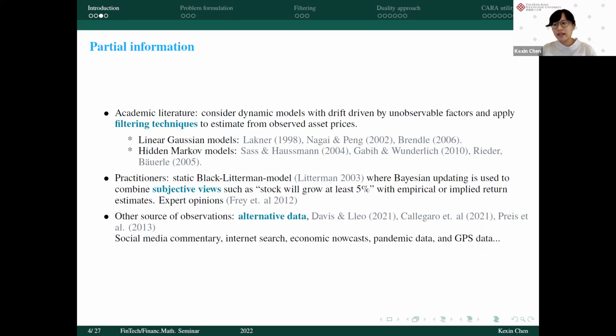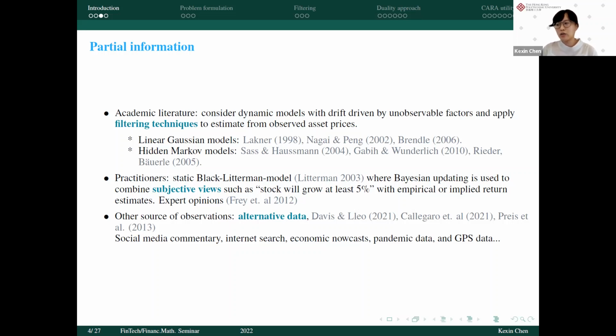That is data that originates outside the standard repertory of market data, but is considered useful for predicting stock trends. For example, in Preis's work, they show that exploiting Google search trends may lead to profitable stock trading strategies. However, to the best of our knowledge, continuous-time investment consumption models have not yet exploited alternative data.